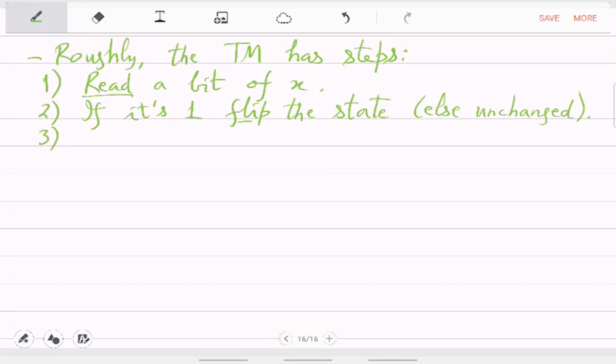We are trying to compute parity, and see the definition of a Turing machine in action. So read a bit of X. Basically, it's an incremental algorithm. Roughly the Turing machine proceeds incrementally.